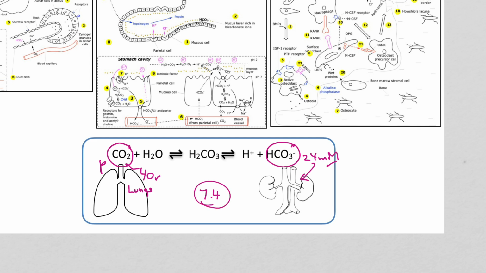And if these values change, then our pH will also change. So we'll talk about this under acid-base balance in future videos. Very, very important concept. So once again, bicarbonate is a very important anion besides chloride. Anion just means negatively charged ion.